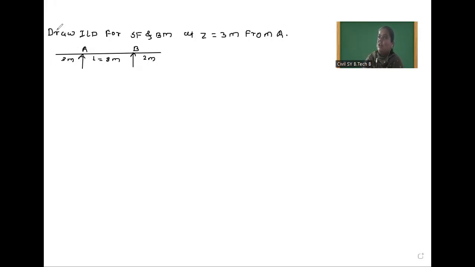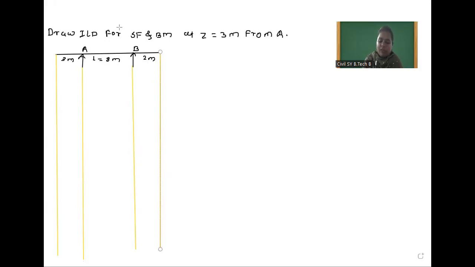So first we will draw influence line diagram for RA. Okay, so we have to draw here influence line diagram for RA.